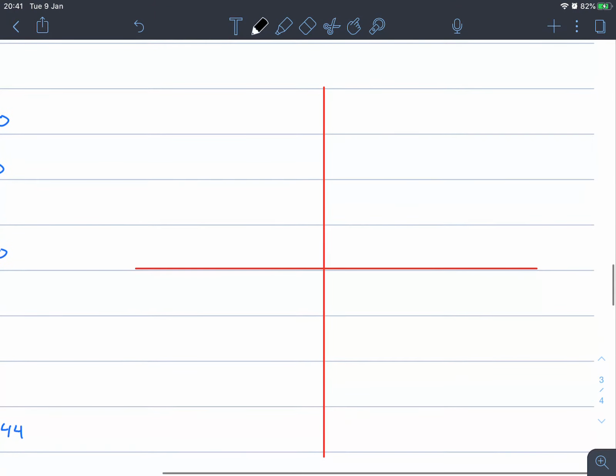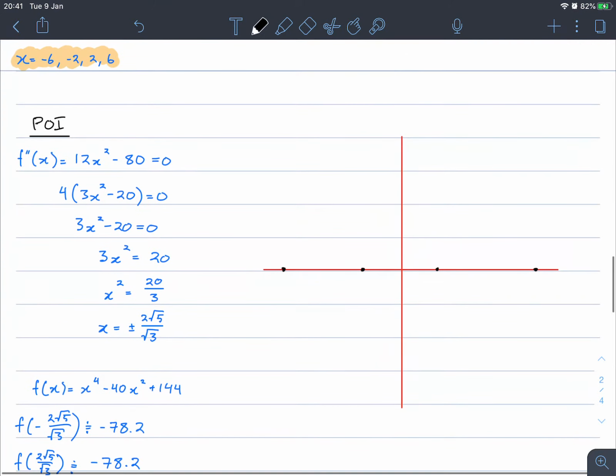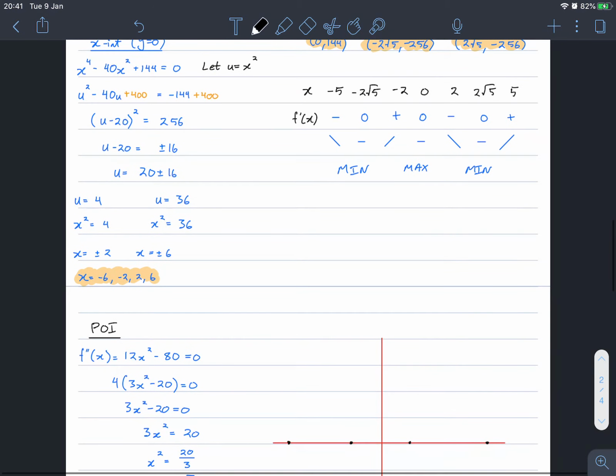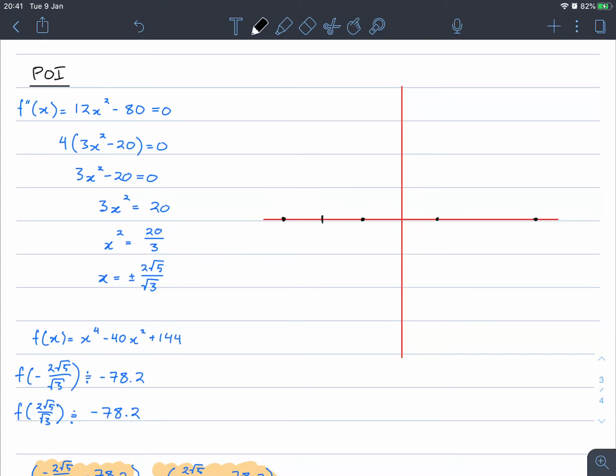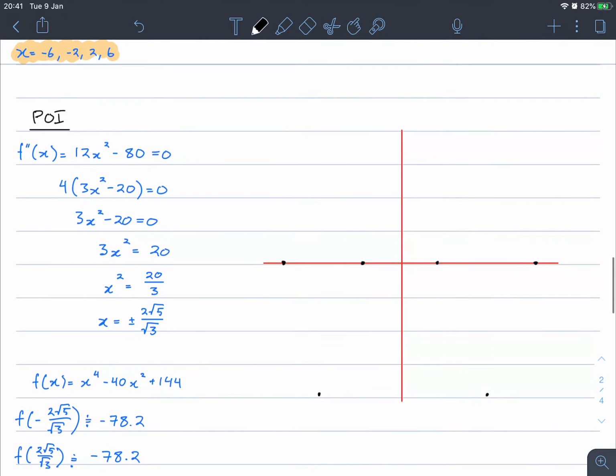Putting it all together, we get -6, -2, +2, and +6. Our first minimum is at -2√5, which is about halfway between the two, approximately, and very low, like so. And this point here is also symmetrical, so it will be the exact same y value. We also have a y-intercept at +144, which is about over there.